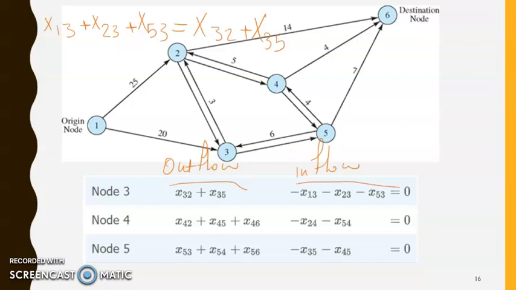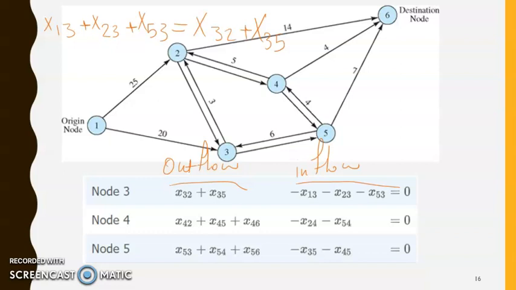So we also did the constraints regarding these remaining transshipment nodes. We did the decision variables, we did the objective function, and we just finished the constraints related to all the nodes, including origin and destination nodes, as well as the transshipment nodes.